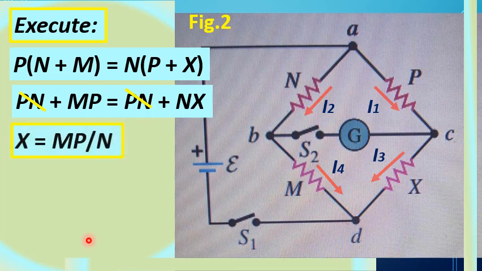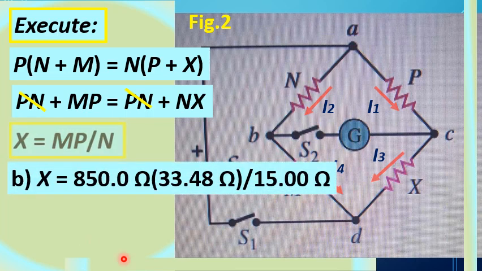And moving on to question letter B, we can now determine the value of resistance X using this formula. That is 850.0 ohms, the value of resistance M, multiplied by the value of resistance P, 33.48 ohms, and their product is to be divided by the value of resistance N, 15.00 ohms.